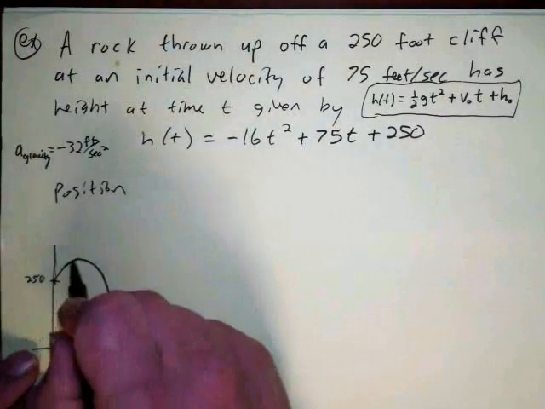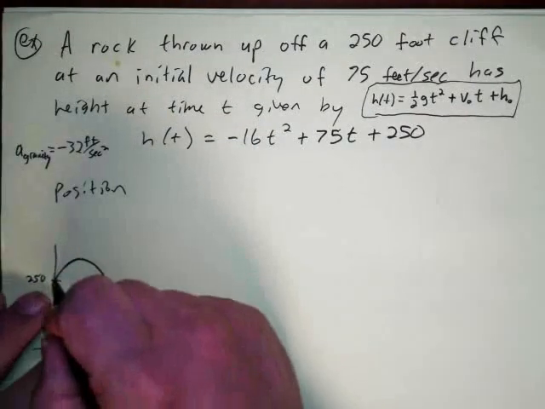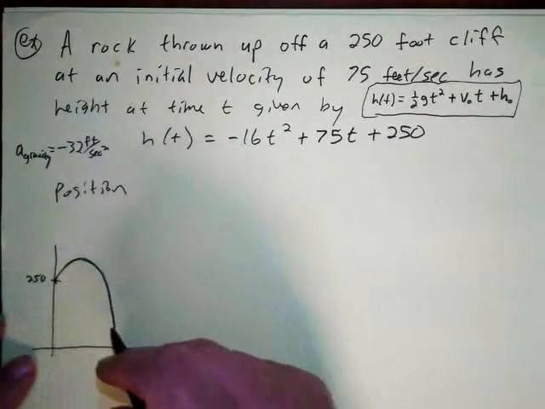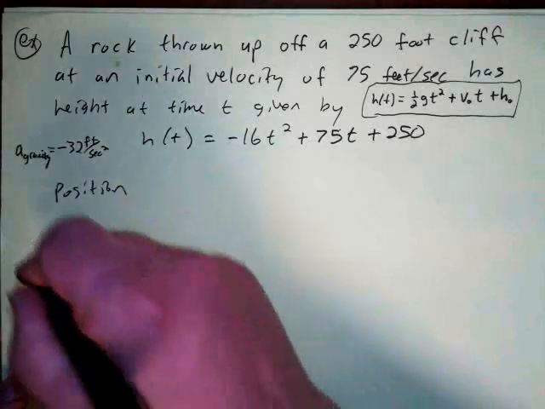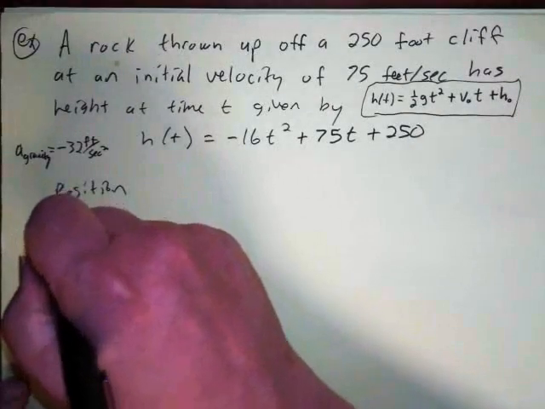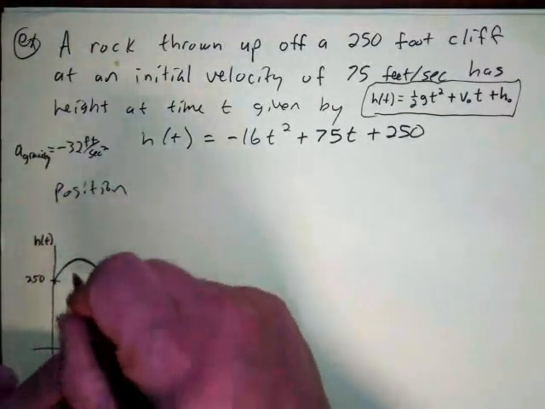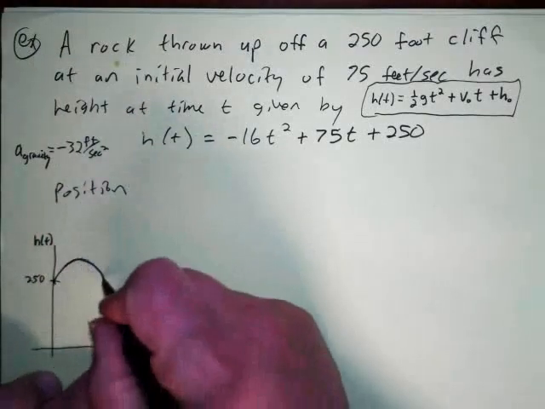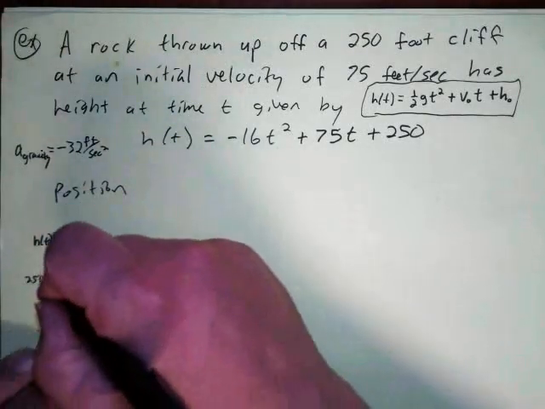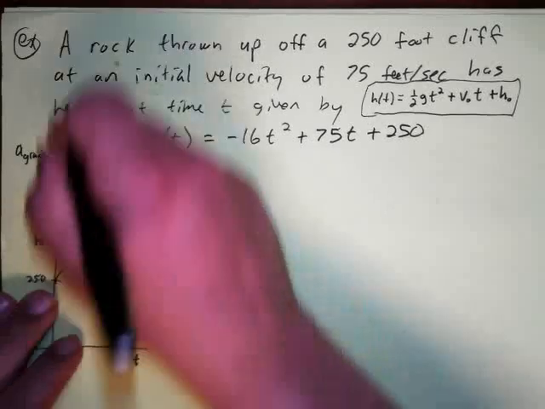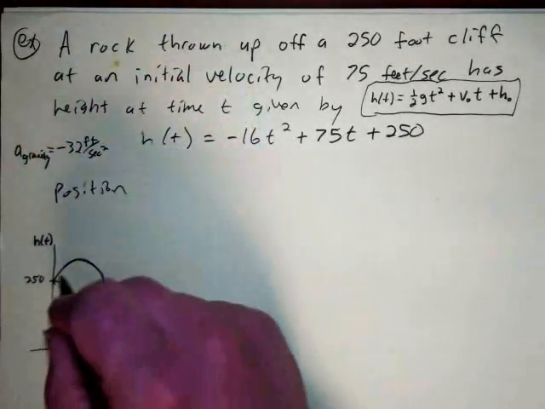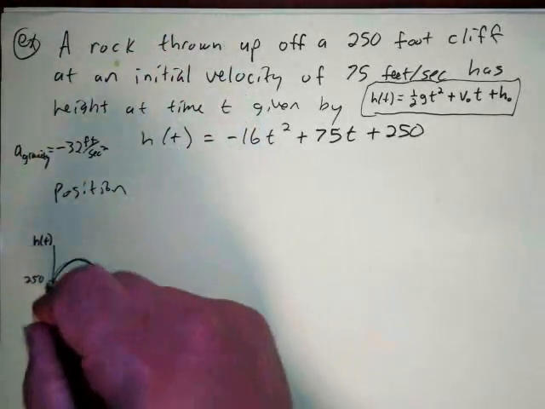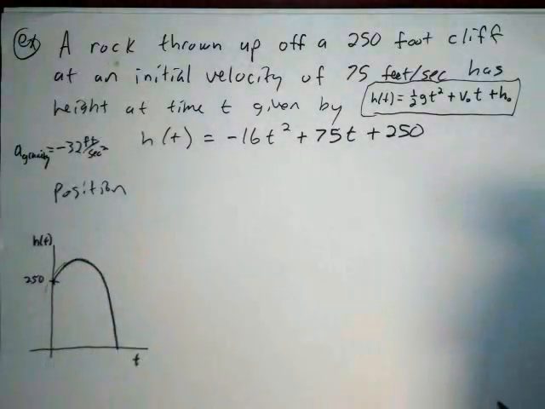Now this isn't the flight of the rock, this isn't the path that the rock takes through the air, because this is time here, and this is the height. So this is for every given time how high the rock is. Okay? So this is assuming that you're right here on the edge of the cliff, you throw it straight up and it comes straight down. So it's not necessarily the parabolic path that the rock takes.